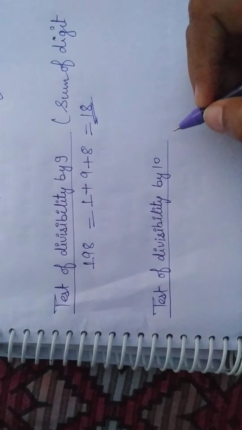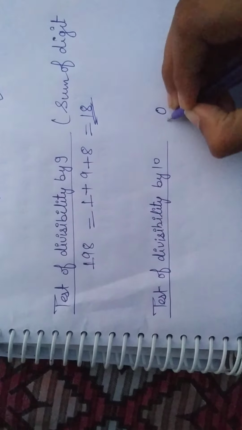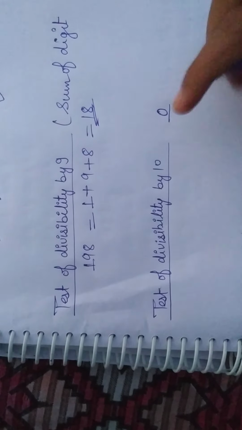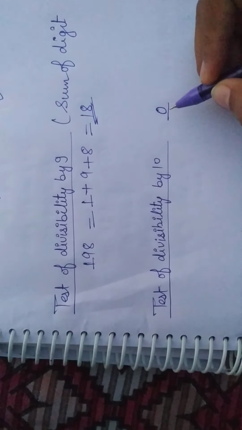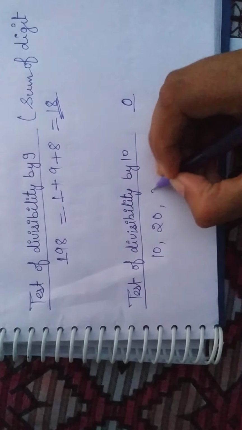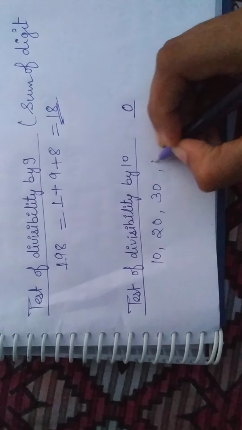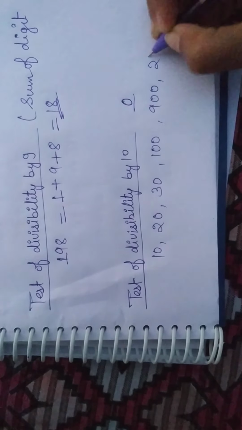And for checking the divisibility test of 10, it is very simple. We have to check unit place of the digit. If at unit place 0 is there, then the number must be divided by 10, and you can say it is divisible by 10. For example, I am writing 10, 20, 30, 100, 900 and 248.